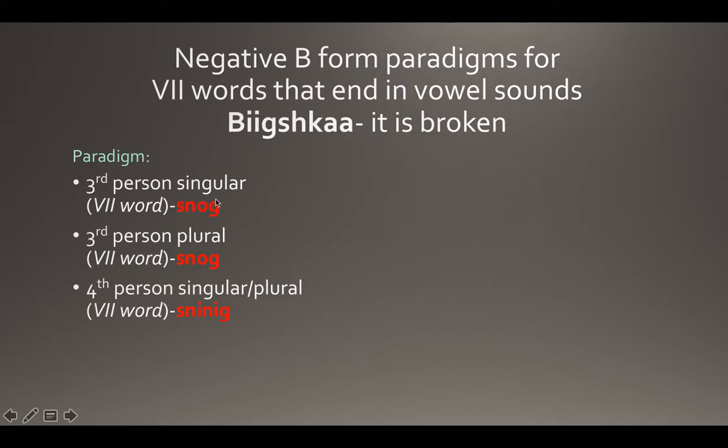Third person plural will be the same thing, just the verb plus the suffix snug. And then our fourth person, as we learned last lesson, could be both singular or plural, will be our verb plus the suffix sninig.